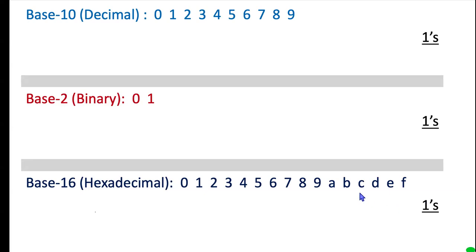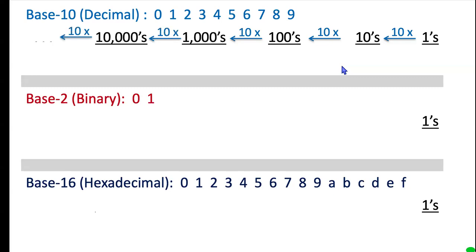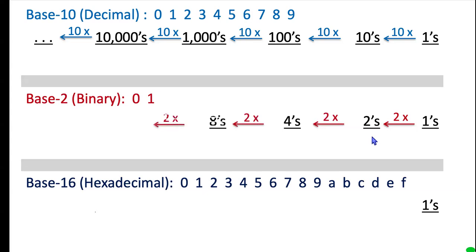In all three number systems, the first column, the rightmost column, is the column of ones. In base 10, the next column would be 10 times that, or 10, and every column after that would be 10 times the previous column. In base 2, the next column is 2 times this column, and every column after that is 2 times the previous column.